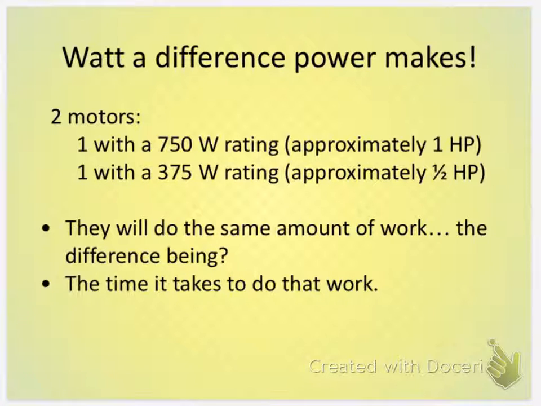Typically those little furnace blower motors are like a 1/3 horsepower motor. A horsepower is about 750 watts. So a 1/3 horsepower motor can do how many joules of work per second?